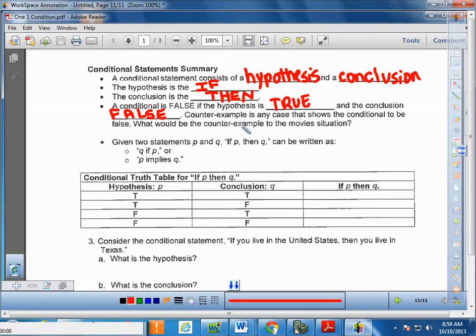What would be the counterexample of the movie situation? A counterexample of the movie situation is where you get paid but do not go to the movies. So that would be where the hypothesis is true, you get paid, but you do not go to the movies.